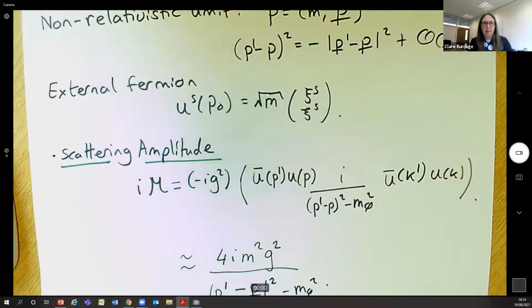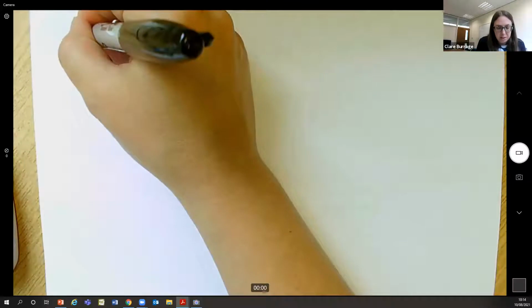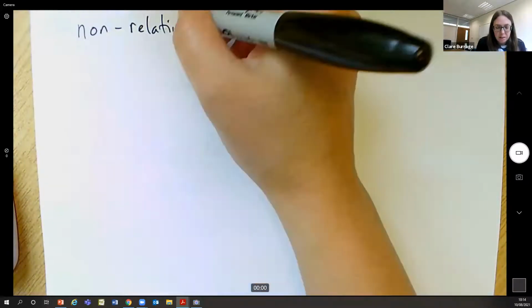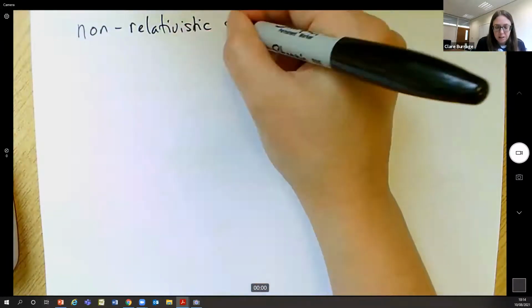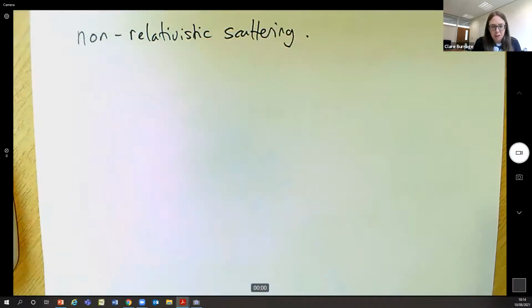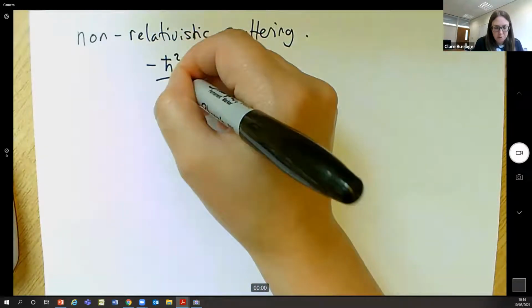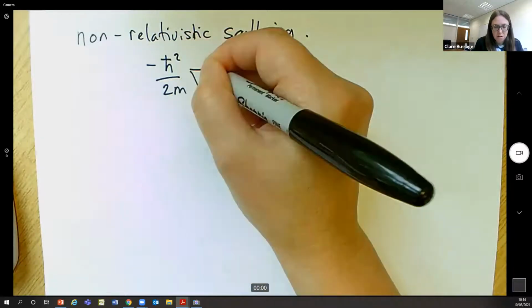And in that case, because we've said we're thinking about this in the non-relativistic limit, the non-relativistic scattering is just like a Schrodinger equation. So we're thinking now of something like this. This is a Schrodinger equation.